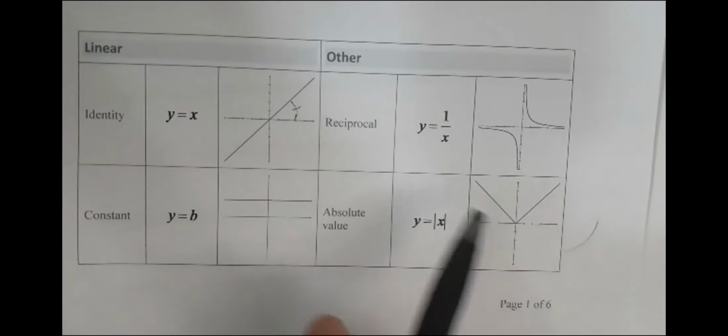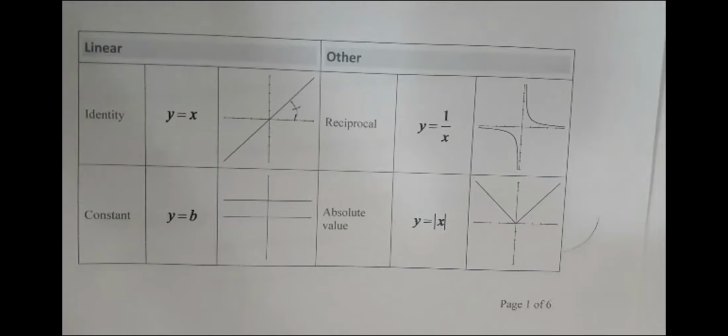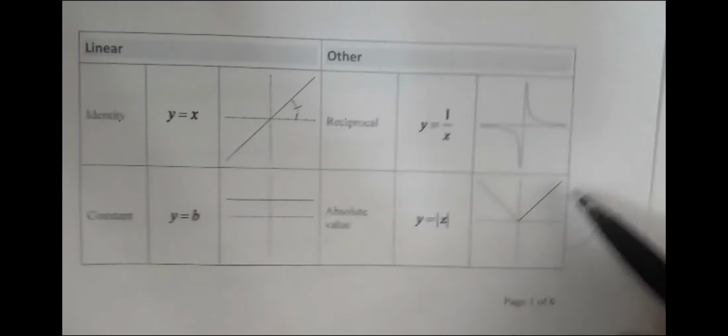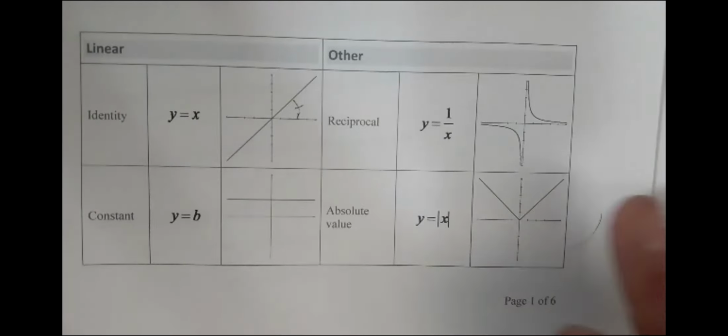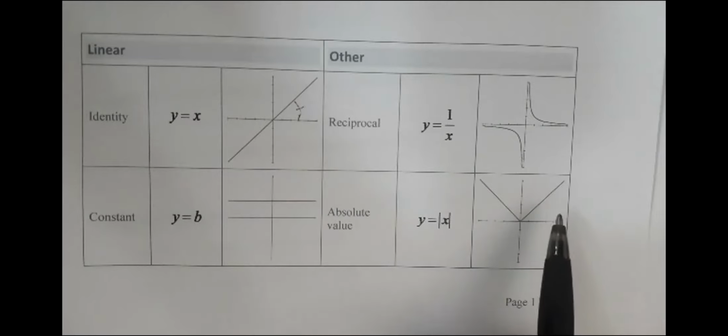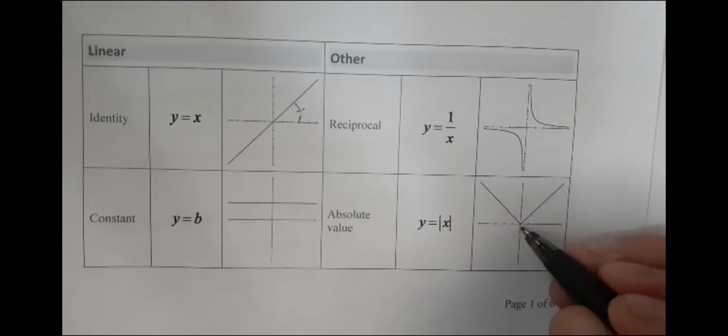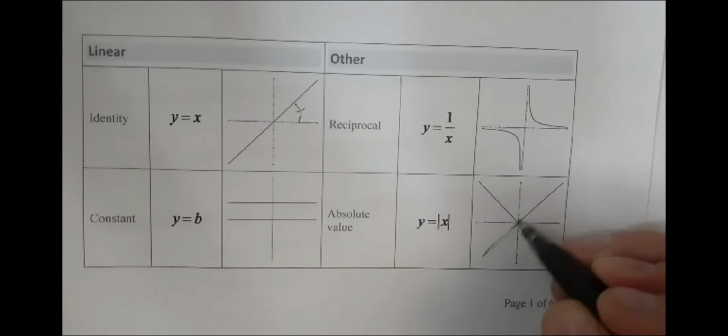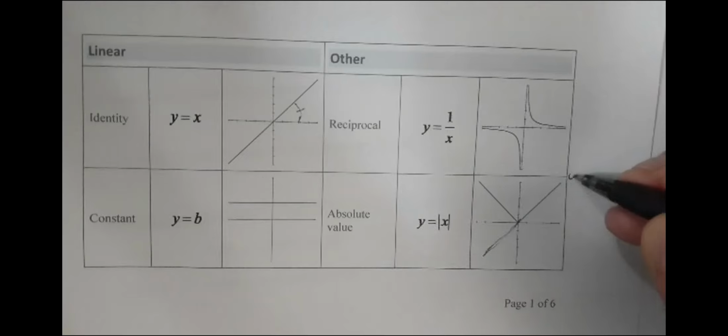So the absolute value function looks like a V. I think we've gone through this before. But 1, 1 is a point. Negative 1, 1 is a point. 2, 2 is a point. Negative 2, 2 is a point. And so on. If you really want to look at it, we can look at these as being 2 lines, maybe.